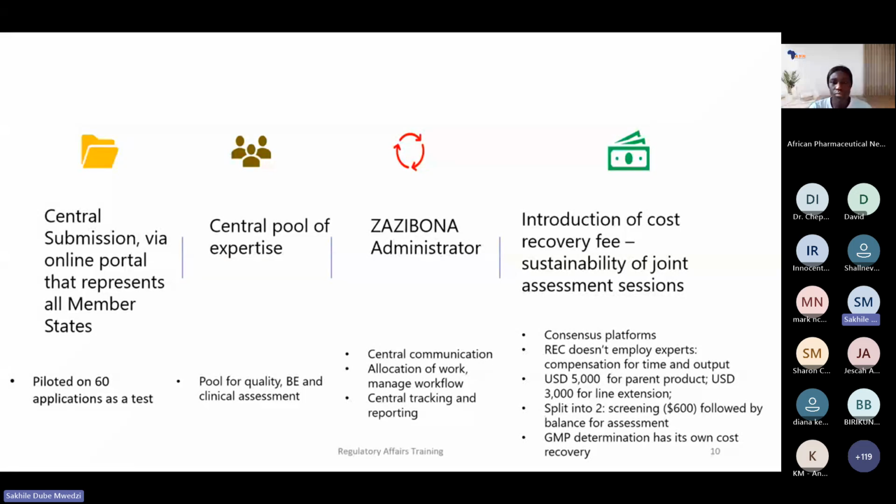How do we receive this money? We ask you to split it between the screening, and then you pay once you've successfully applied. Once we've successfully screened your product, we will then ask you to pay for the balance. So why it was designed like this is because we really do not have the capacity to be giving you refunds.